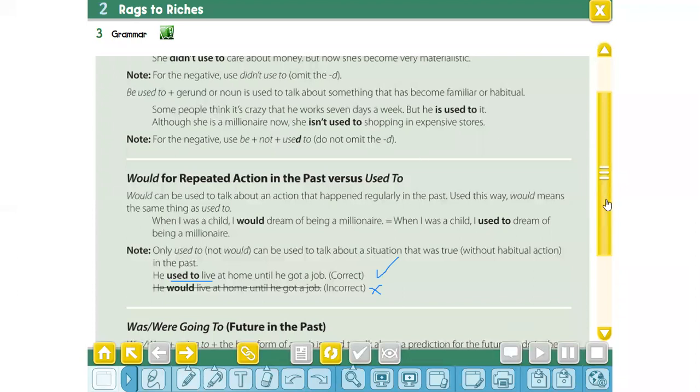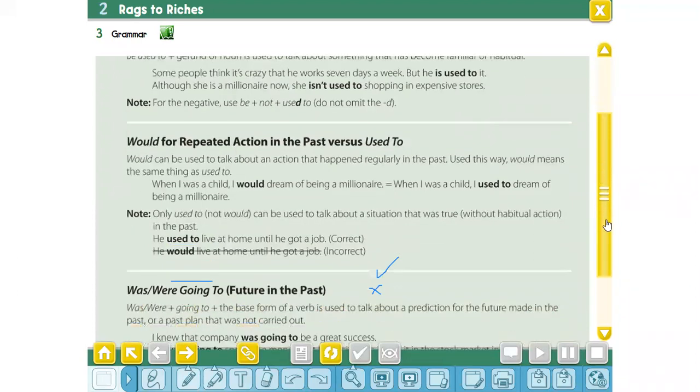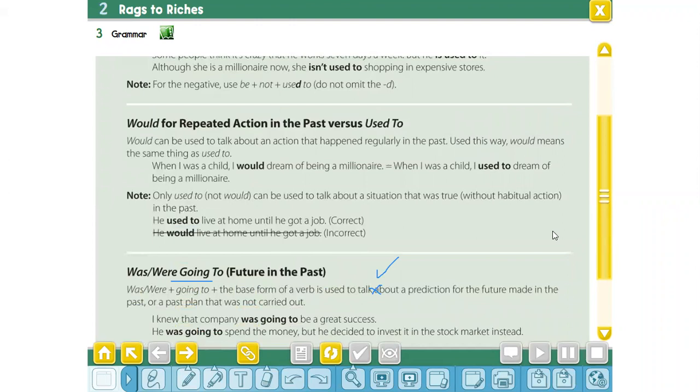Okay? What about was or were going to? At first, what's the difference between was and were? Do you remember? Excellent. Was is used for singular: I, he, she, or it. Okay, write this note.